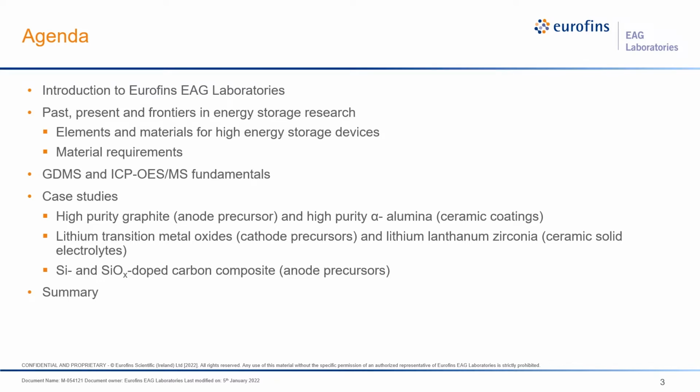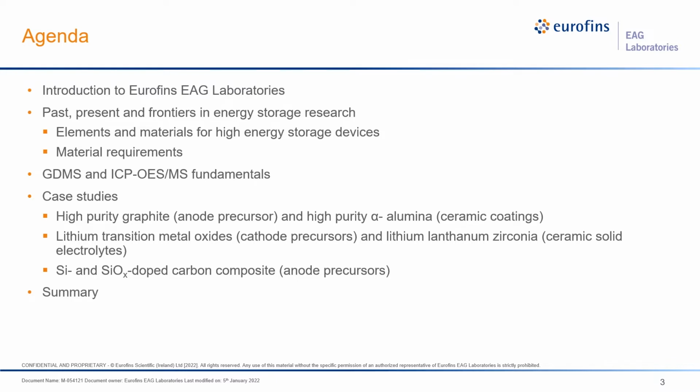Specifically, we will use the lithium-ion battery as a case study. Those include high purity graphite, which is an anode precursor, and high purity alpha alumina, which is a ceramic coating used for separators. Then we will talk about lithium transition metal oxides, which are cathode precursors, and lithium lanthanum zirconium oxide, which is an example of ceramic solid electrolytes.